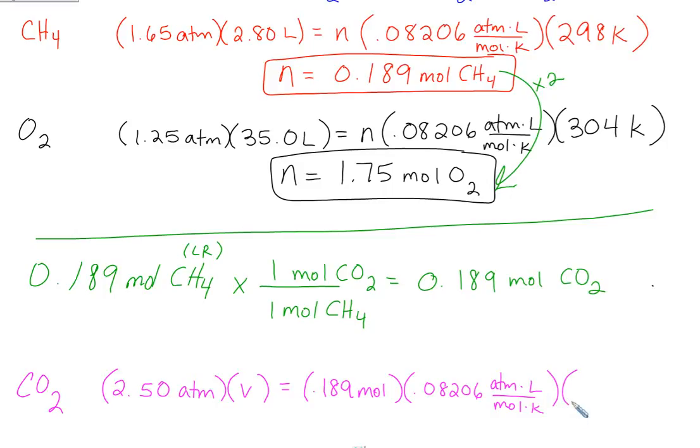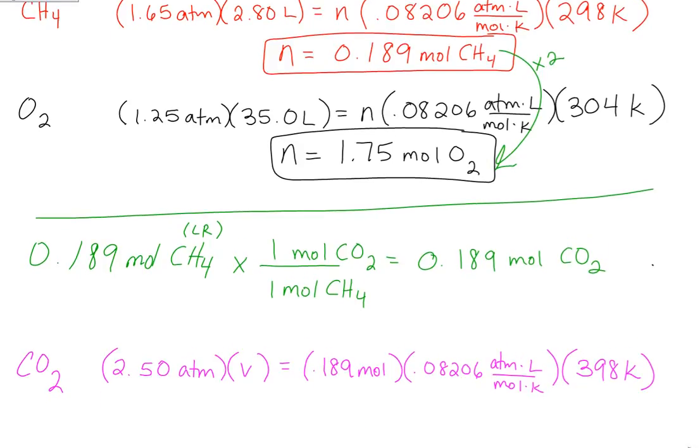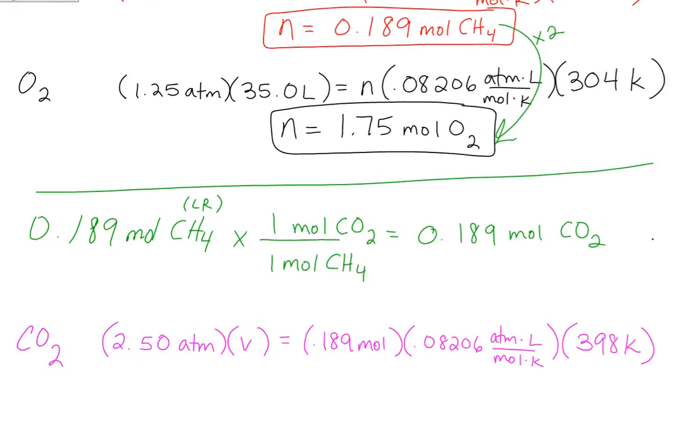And the final temperature in Kelvin would be 398. There, so we can plug this in and solve for the volume of carbon dioxide. With 3 sig figs, volume of CO2, how about 2.47 liters?